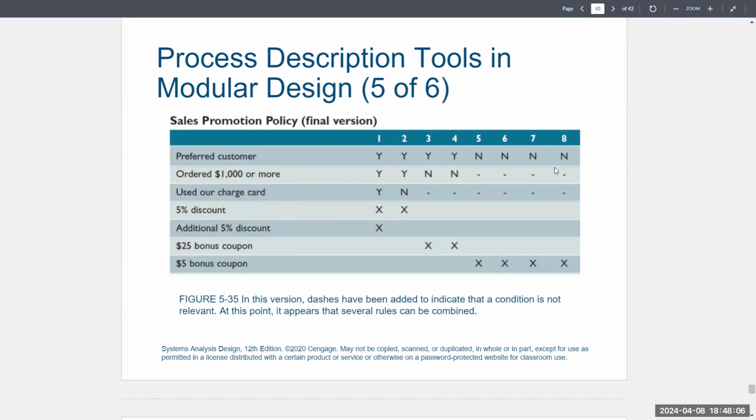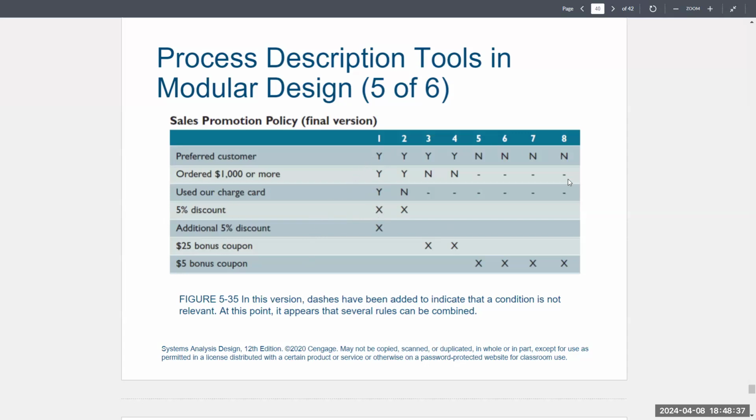And depending on whether it's a preferred customer, yes or no, ordered $1,000 or more, yes or no, using a charge card, yes or no. So think about if it's a preferred customer, ordered $1,000 or more, and used a charge card. It means they qualify for a 5% discount and an additional 5%. Those are the outcomes.